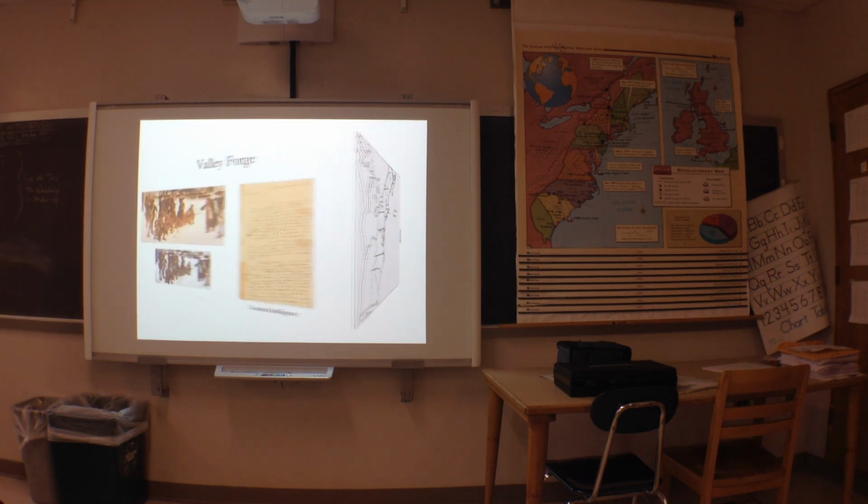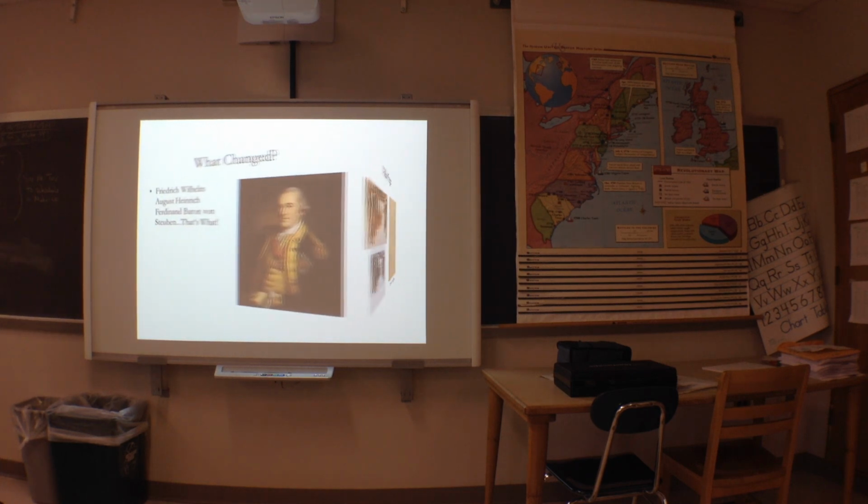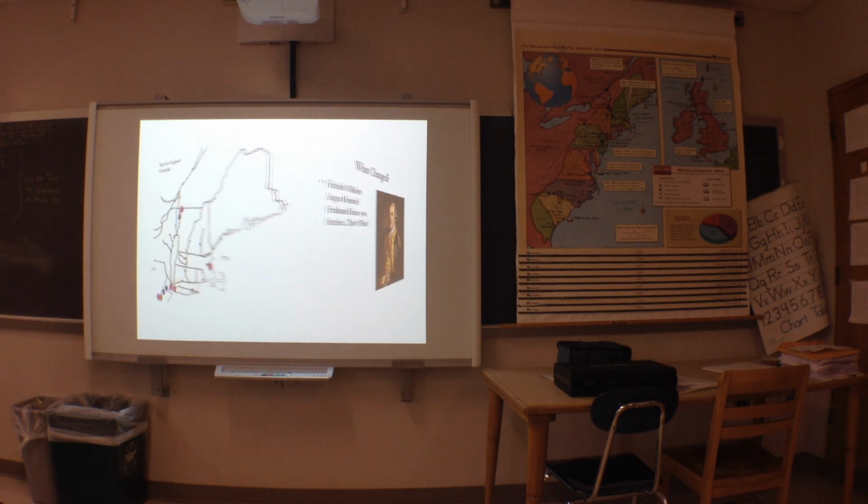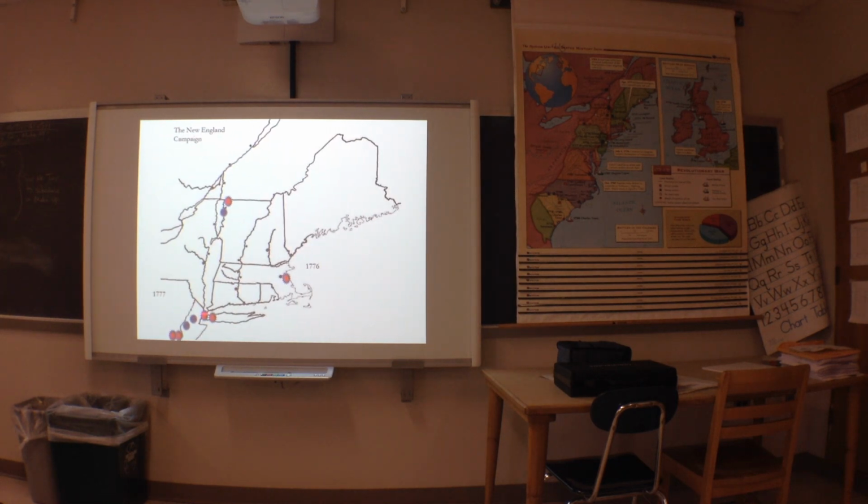All right, so if we go back to the map and we kind of look at the situation, this is the Revolutionary War from 1776 into 1778, kind of taking place here. In 1778, the Revolutionary War in this part kind of stalls out. Washington starts camping outside of New York City, and the British occupy New York, and not much really happens in this part of the war in 1778.